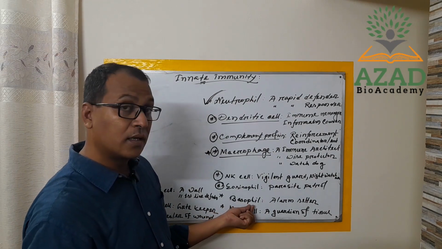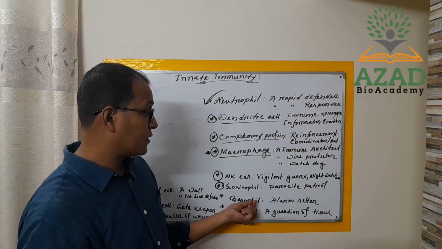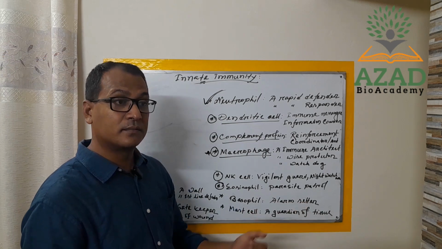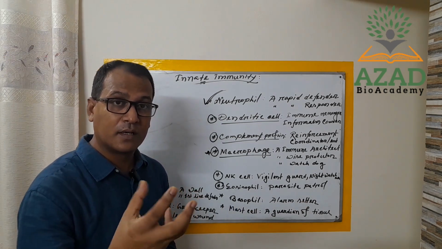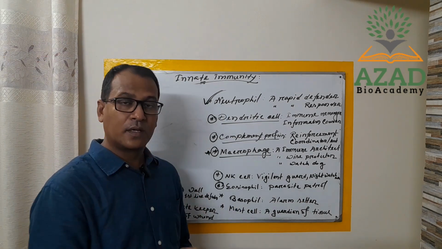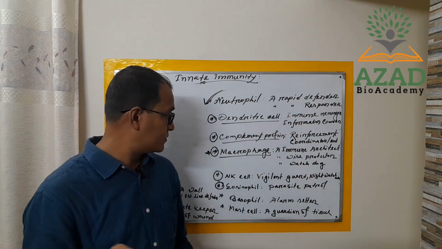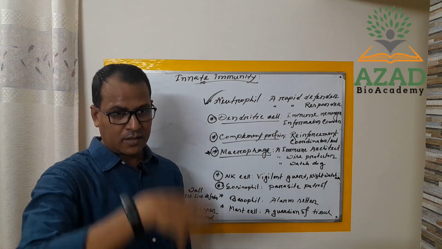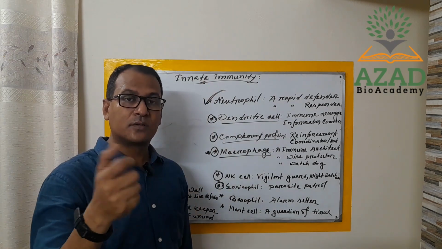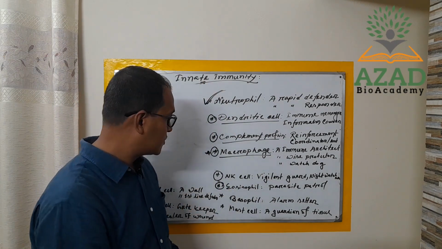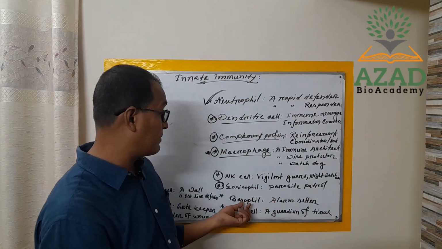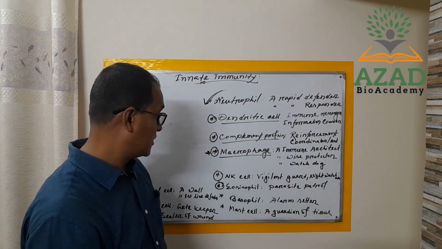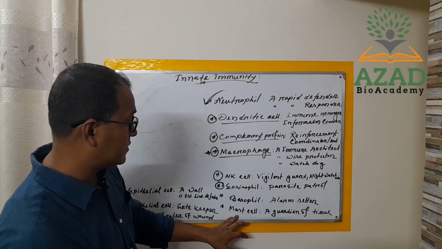So basophil will act as an alarm setter. That means the alarm will be sounded: okay, here the microorganism has already entered, so come, that is the whistle alarm, and that is managed by the basophil by releasing histamine.